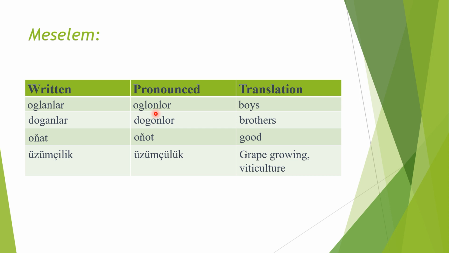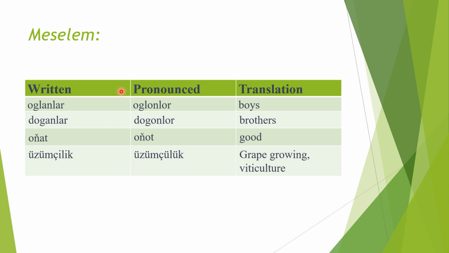The native speaker can understand you, but it sounds weird. So it's better to say oğlanlar with o. Why? Because of this o in the first syllable, we make other vowels rounded. So we change a to o because of this o.